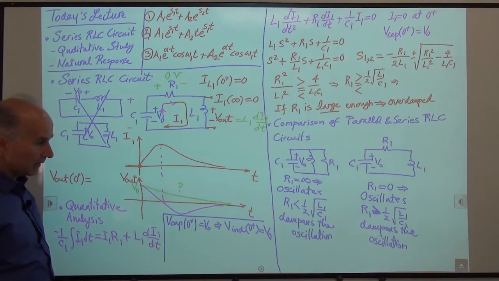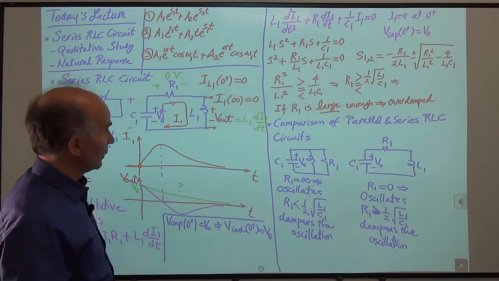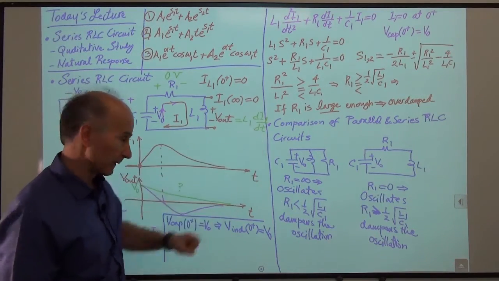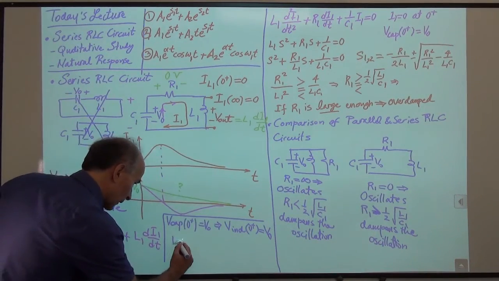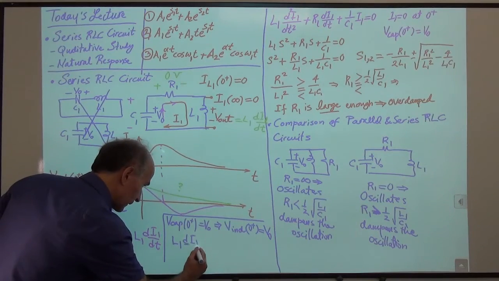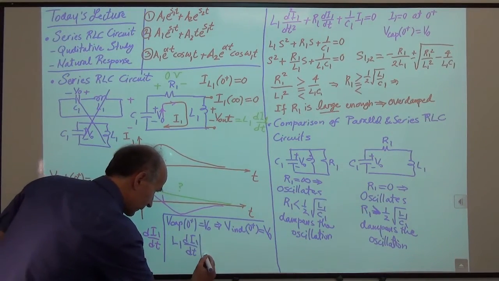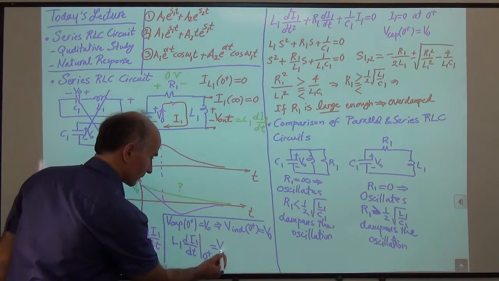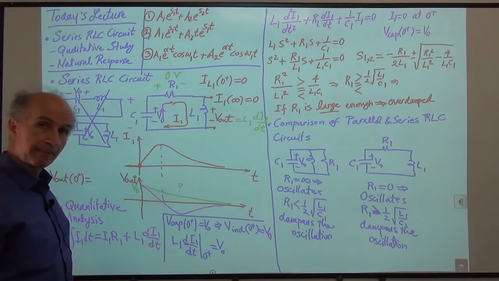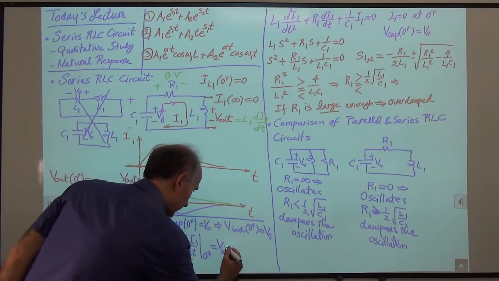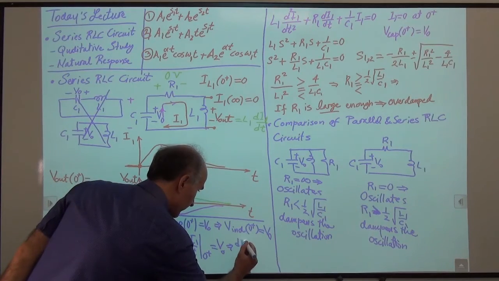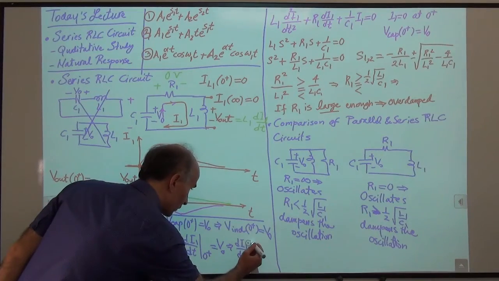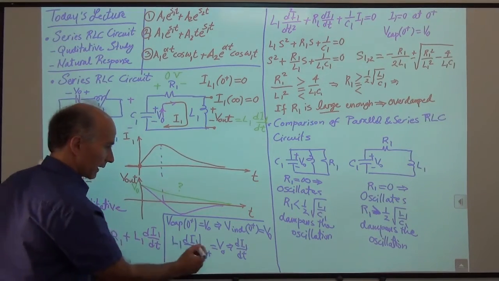Now, if that's the case, I also know that the inductor voltage is equal to L1 di1 over dt. So L1 di1 over dt at time 0 plus has to be equal to V0. That means di1 over dt at time 0 plus has to be equal to V0 over L1.